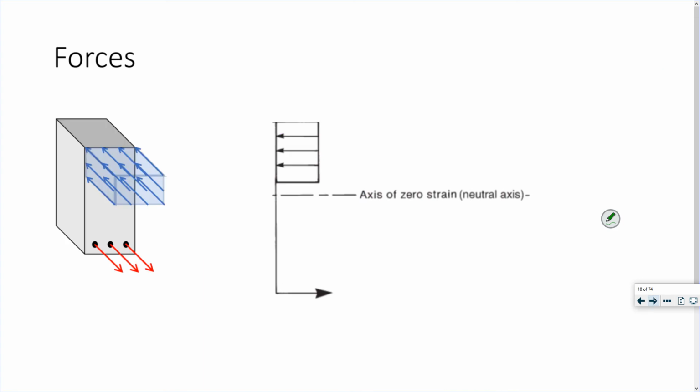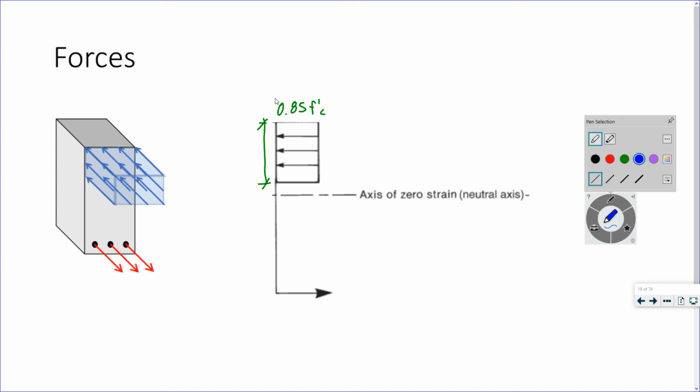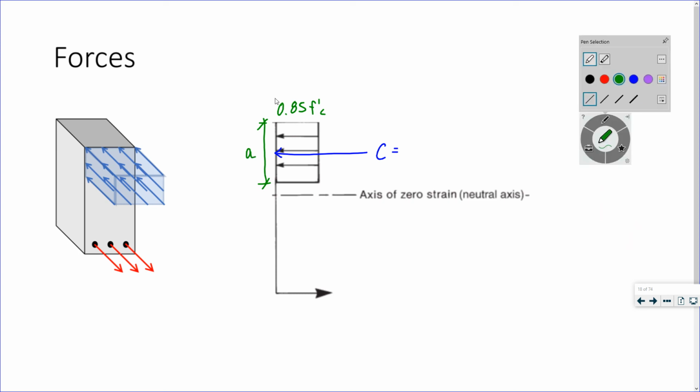So let's look at our forces. If we just said this was 0.85 f'c magnitude, and this height was A, then my compressive force C, I didn't write the A, is the magnitude, right?